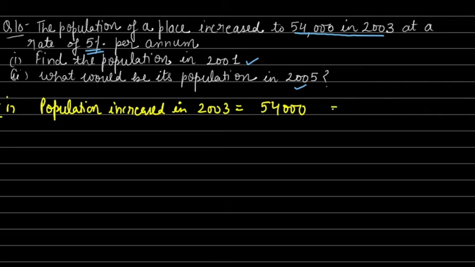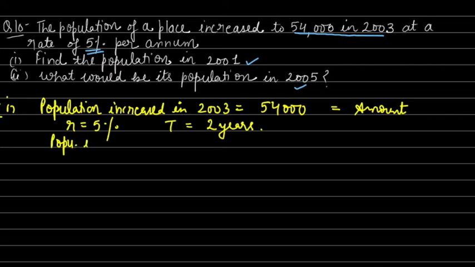So this is the increased population, it means this is your amount given, right? At a rate of 5%. The time period from 2003 to 2005 is 2 years, right? We have to calculate the population in 2001, which becomes your principal, correct? So let's do it.